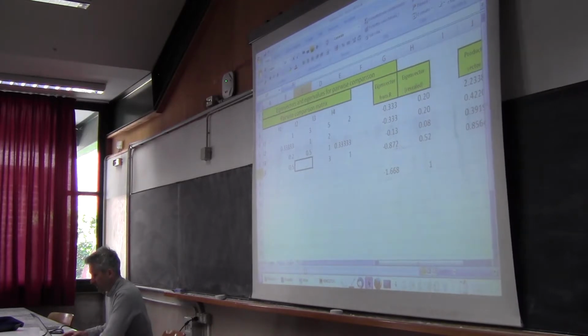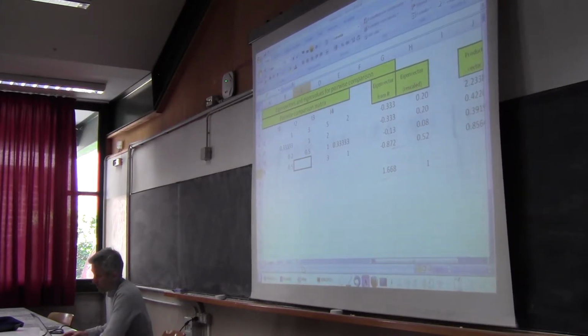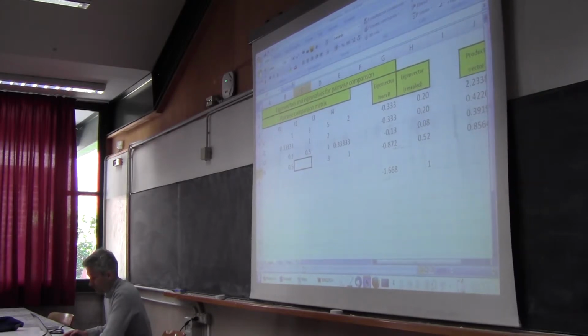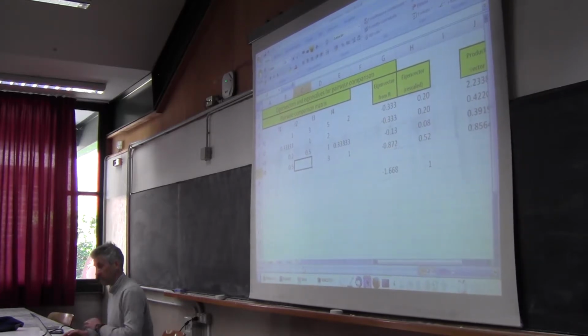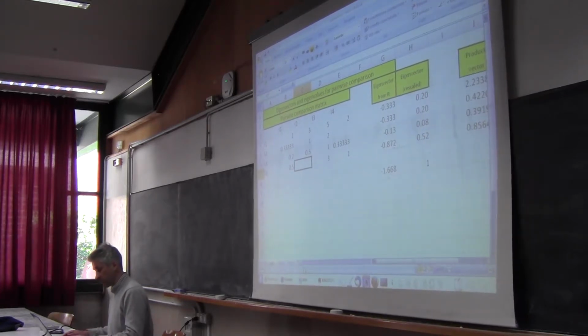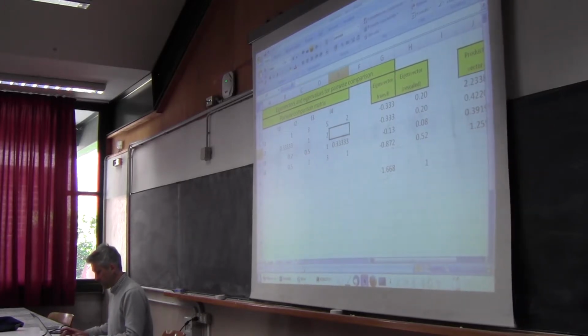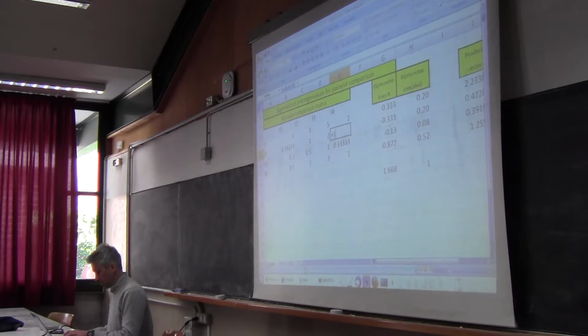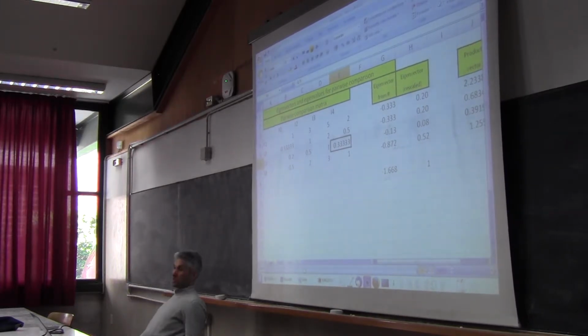Now we need a final comparison. The impact on the tourism against the impact on the ecosystem. Tourism is slightly more important than the ecosystem. So I will put a 2 here, which means 1/2 here. Is this matrix consistent? I don't know.